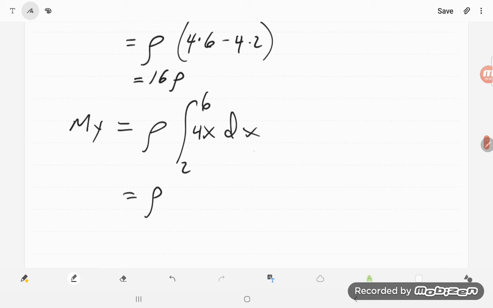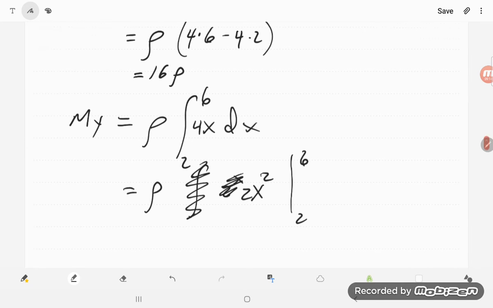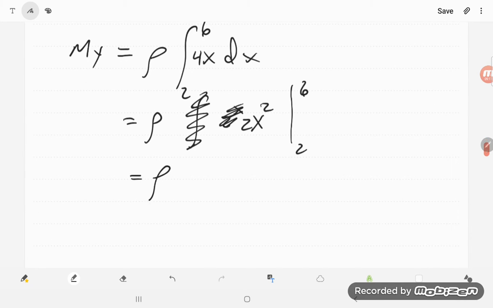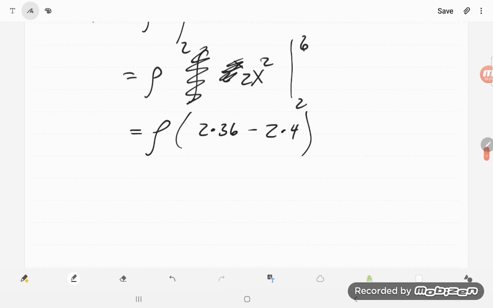So now we get rho, and I can do that antiderivative, 2x squared, from 2 to 6. So this is rho times 2 times 36 minus 2 times 4. So that's 32 times 2, or 64 rho.